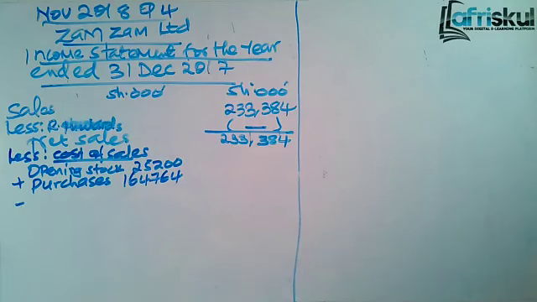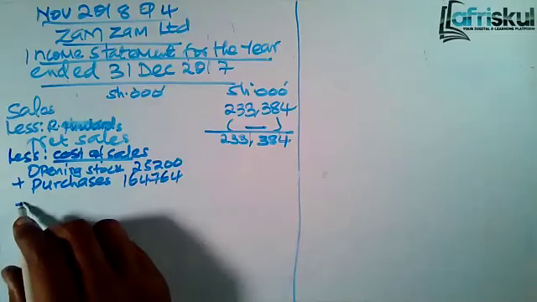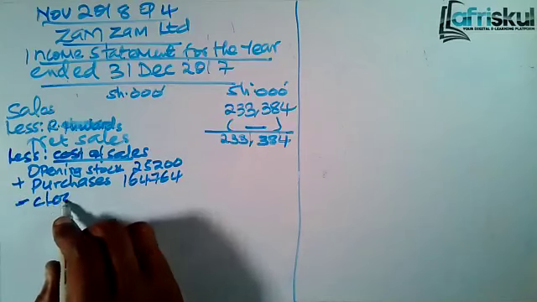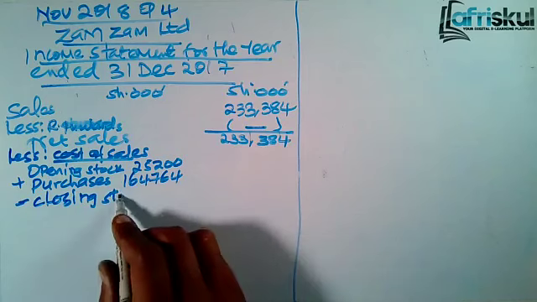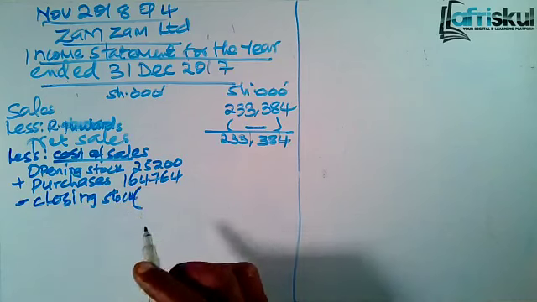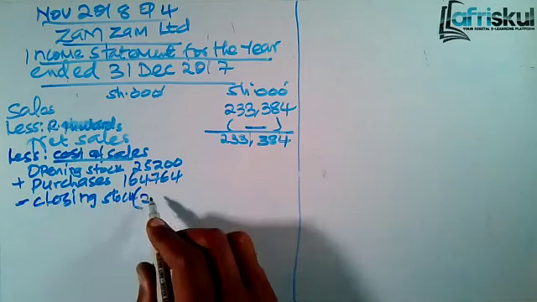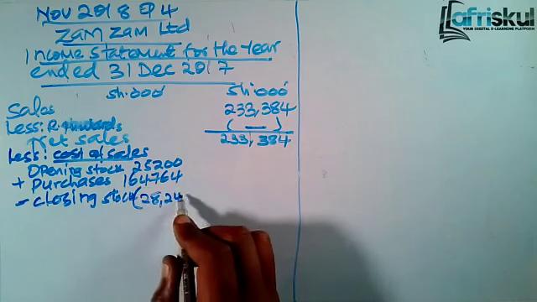I've already sent you the format, so I just skip some of the items that are not here. So I will less the closing stock, which is 28,247.